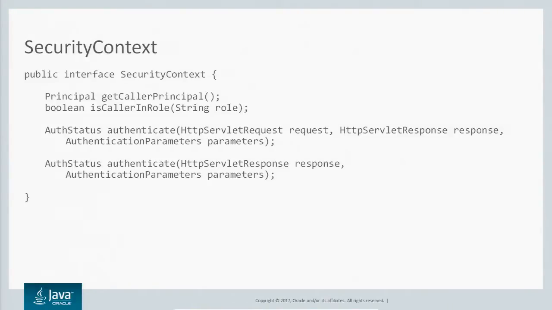So JASPIC has a model where authentication might need to continue, because you've just sent a challenge to the client and the client has to respond, that sort of thing. So HTTP servlet request authenticate will return true or false depending on whether you should expect that you're going to continue or not, but it's not very rich in terms of the information that it gives you.